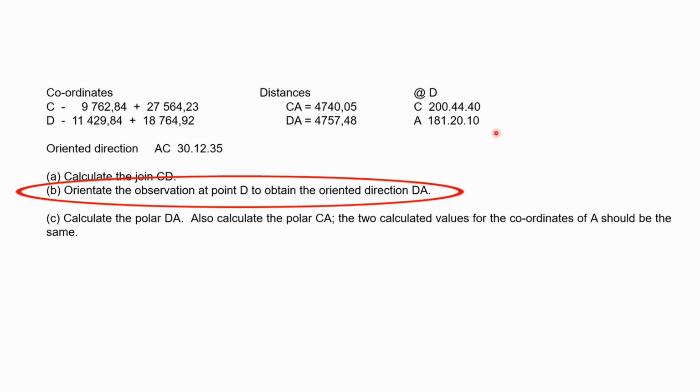However, this CD is not correct because we need D to C. So we take our calculated value minus 180 degrees to get DC. The reason we do this is that 180 degrees is the opposite direction. Instead of being from C to D, we now have from D to C, which is why we get 10 degrees, 43 minutes, 38.51 seconds.